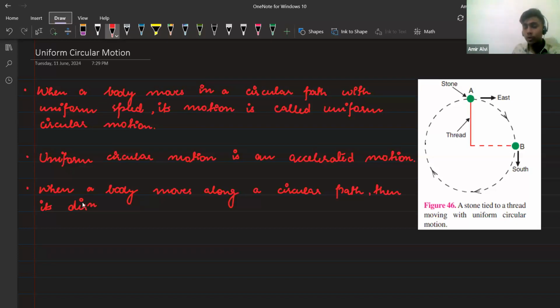You can write it in the notes, but in the exam you have to write down the proper spelling of direction. ठीक है, so don't make a habit of short forms, otherwise in the exam the teacher will also give marks for short forms. ठीक है. So direction of motion.